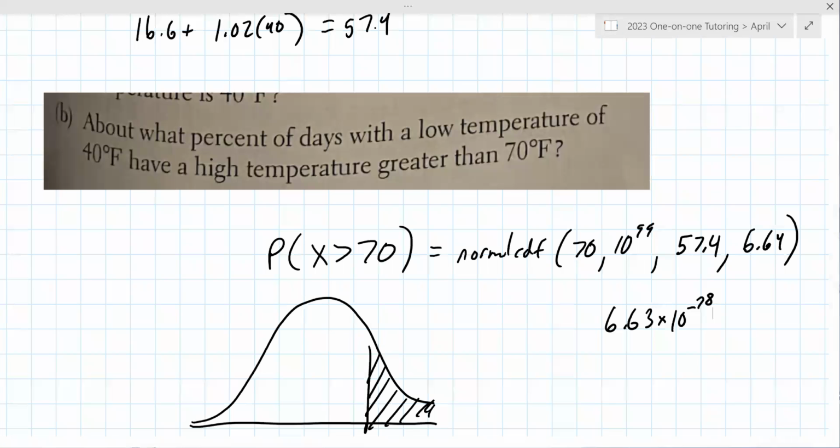So let me do that calculation here if I can figure out how to do that quickly. Sometimes it's good to do the calculation a second time around to see if there's any differences.